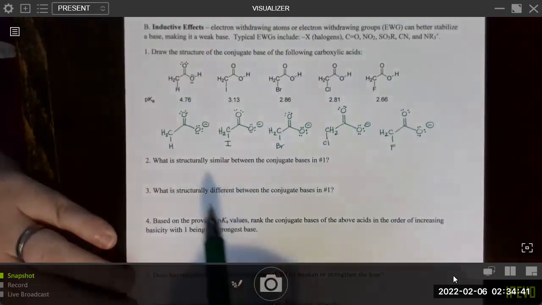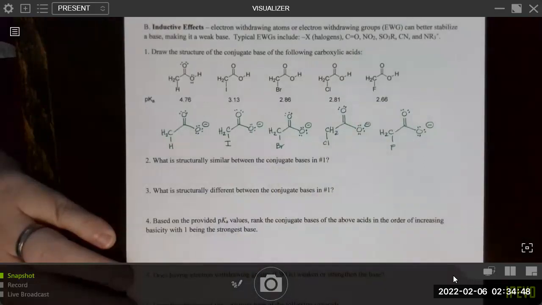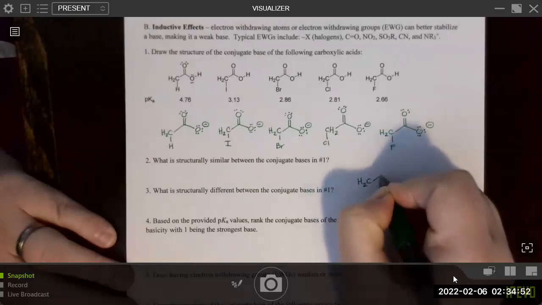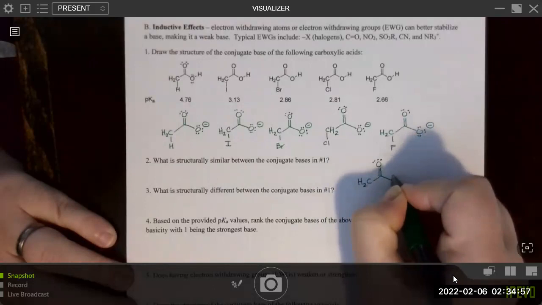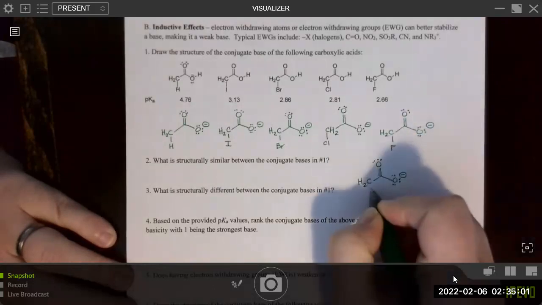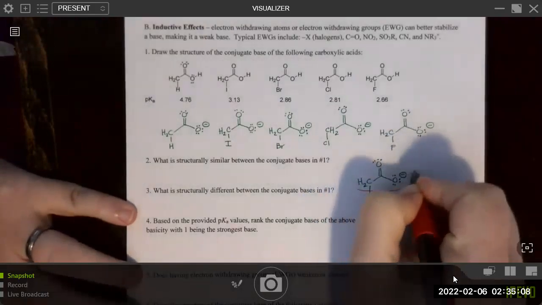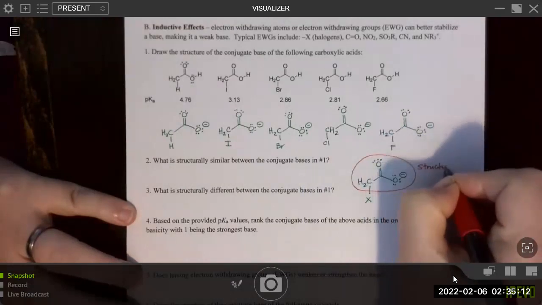And it asks you what is structurally similar between the conjugate bases and what is structurally different. So if I just draw a generic structure here, I'm just going to show that this entire part, and then let's go with X, so we'll circle this entire part, is structurally similar.